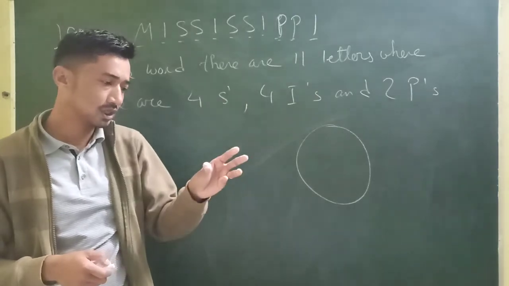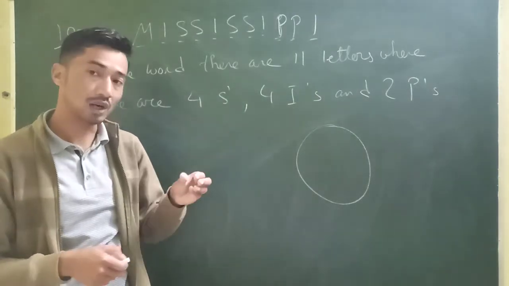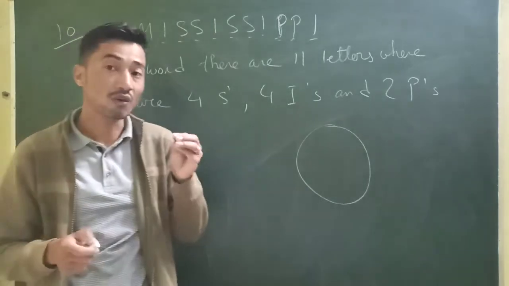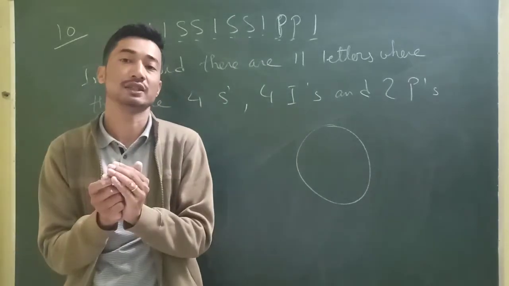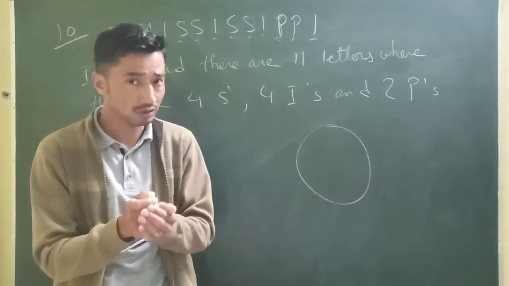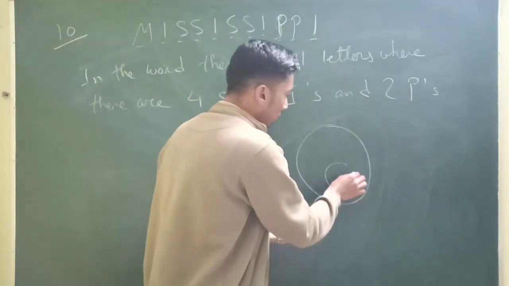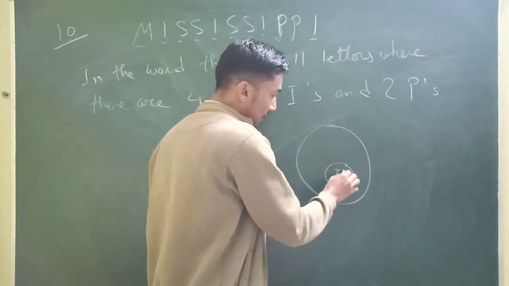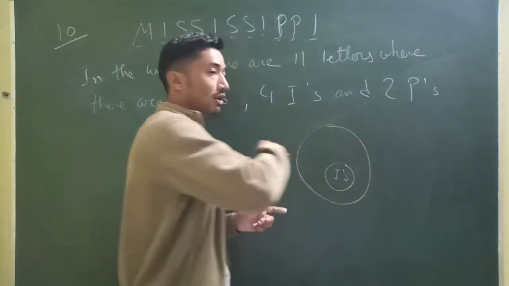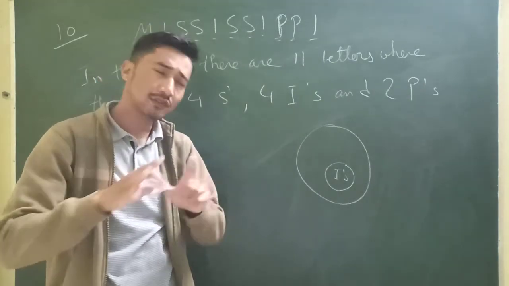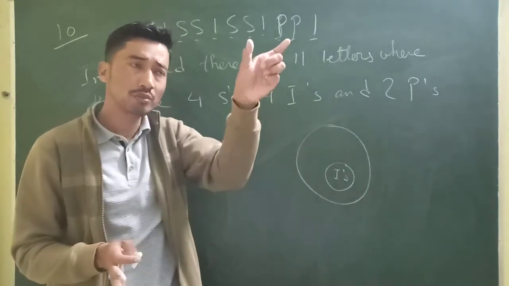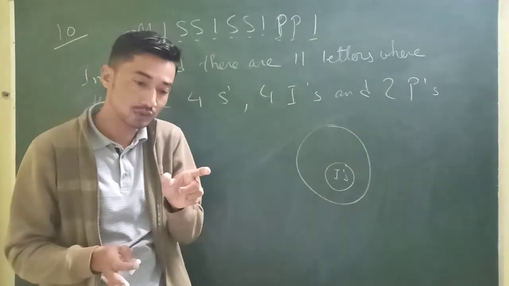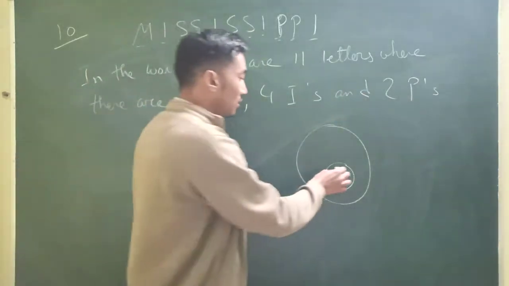So we will just bring all the I's together. I'll show you how it is done. We will bring all the I's together and find out the number of ways in which the four I's can come together. Definitely that's always going to be lesser. We will subtract that from the total number of arrangements of the word Mississippi. Out of that, we group these four I's together, find the number of arrangements in which they always come together, and remove that from the total.